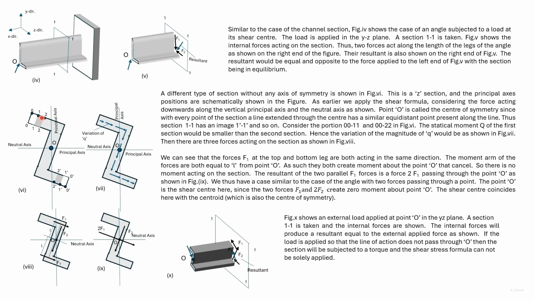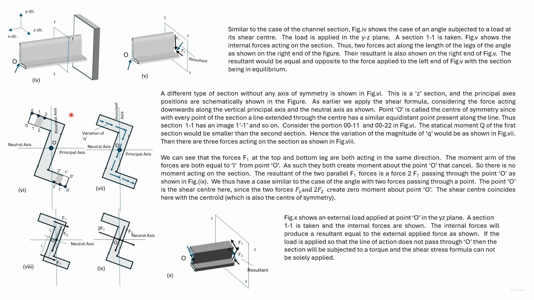Similarly, if there's a point 1, then if we pass a straight line from 1 through O, it will intersect the section at 1 dash, so that 1 O will be equal in length to O 1 dash. Again, here we have to assume what we just mentioned. So any point in the section passing through the center of symmetry has an equidistant point in the section on the other side.